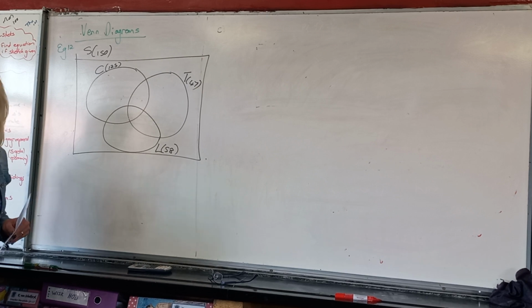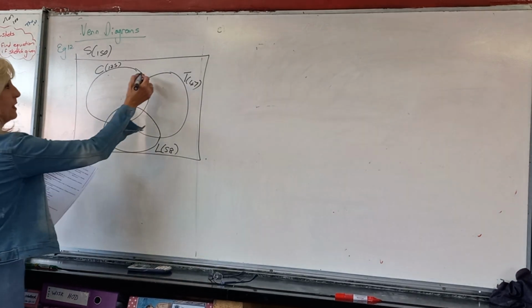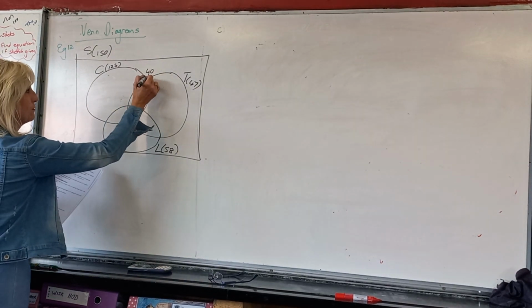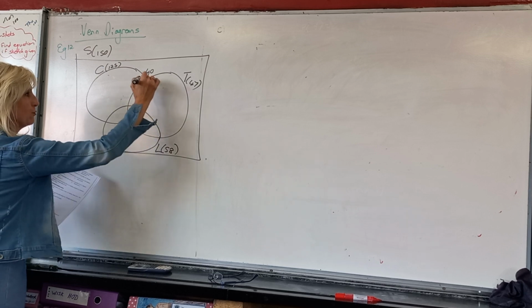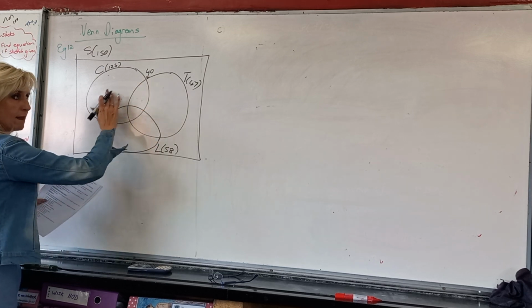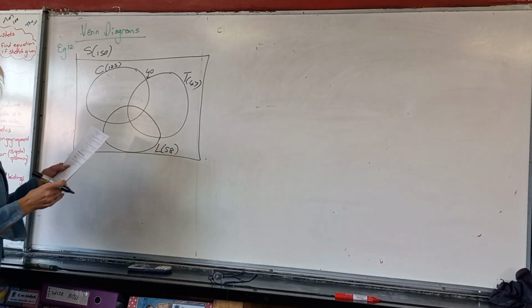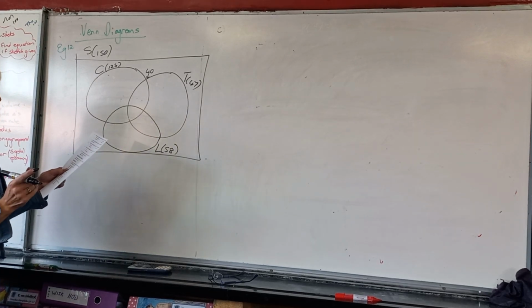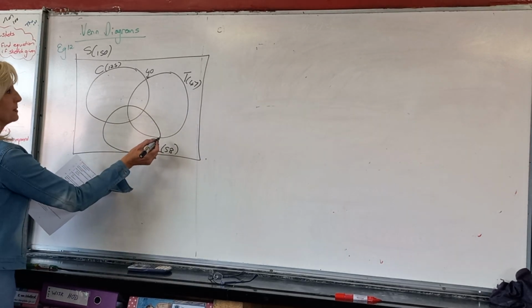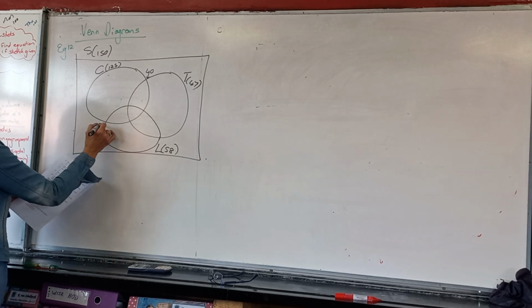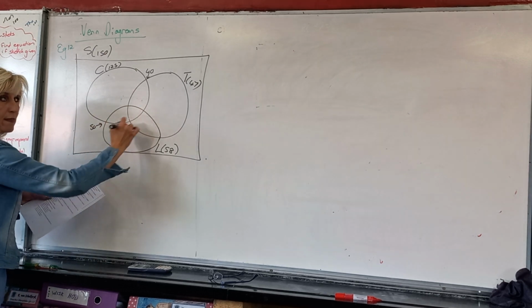If they don't indicate, you don't assume. So this will now be the 40 that own cell phones and tablets. 50 own laptops and cell phones. Laptops and cell phones is this part here. 50. That means together 50.